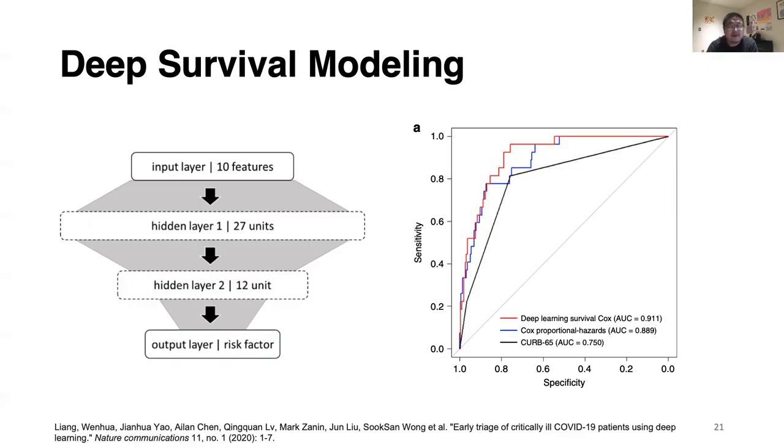As you can see, the 10 features identified by their algorithm go through a multi-layer perceptron with the final loss being the survival loss, and they train that and get some good AUC values as shown on the right figure.